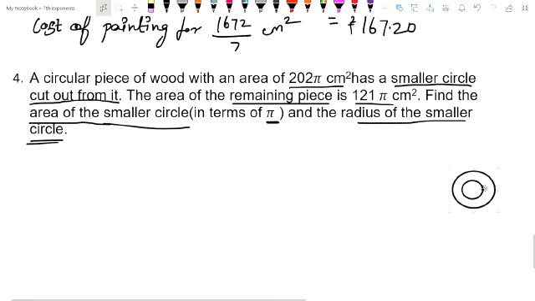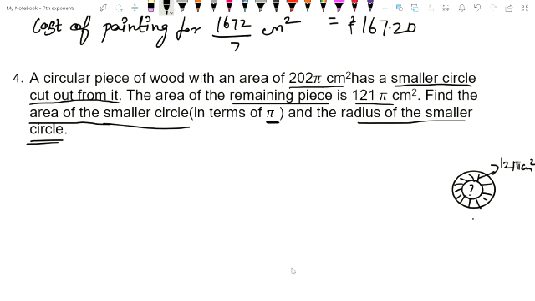They are taking out the smaller circle from the outer circle. Then the area of the remaining piece. So this is the remaining piece. This area is 121 pi centimeter square, and the area of the outer circle is 202 pi centimeter square. We need to find the area of the inner, it means the smaller circle.